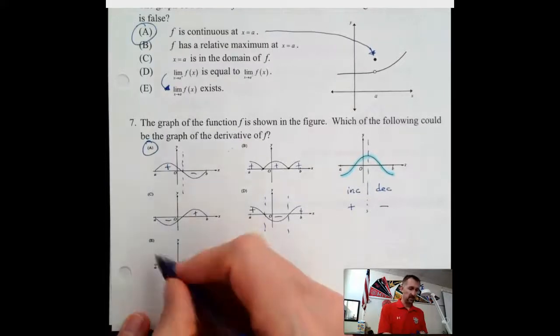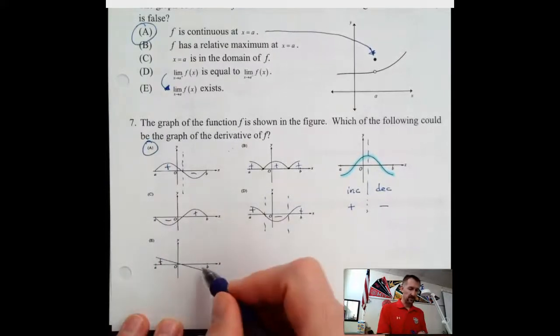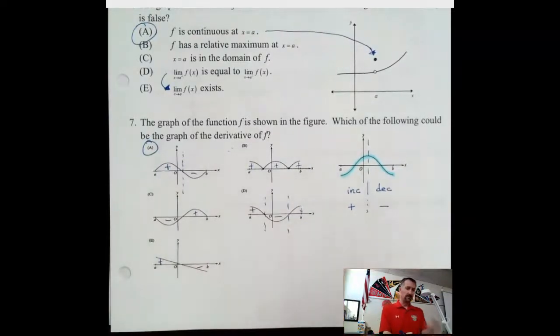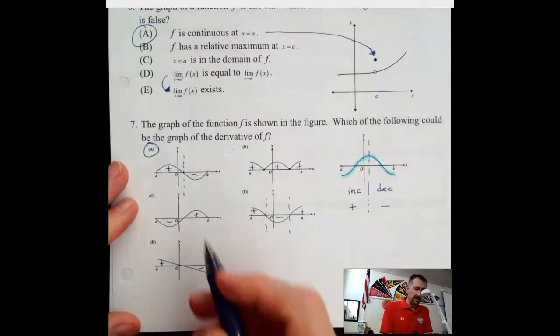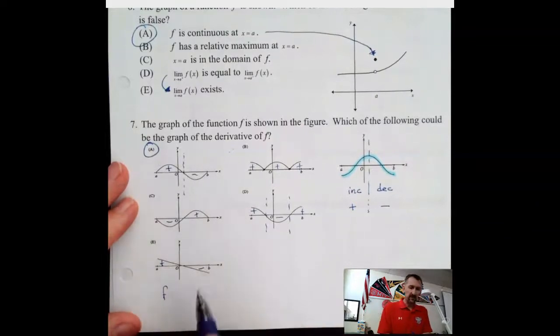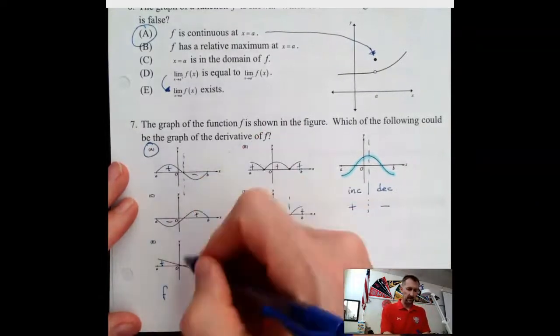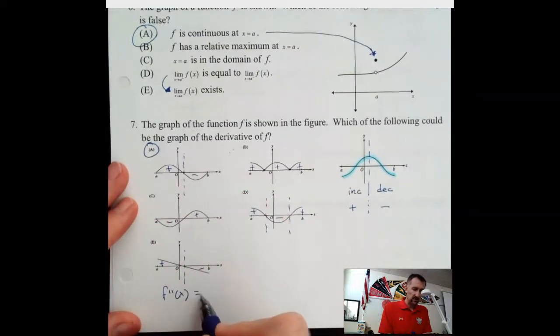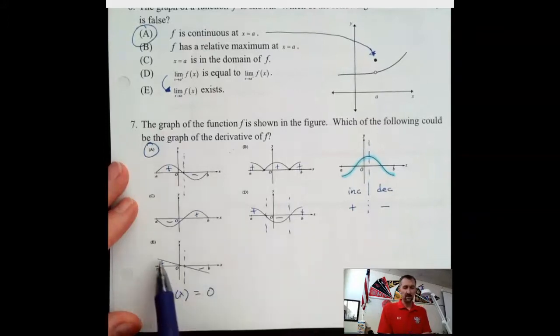And this one, this is positive, and this is negative. But okay, if that's the derivative, for a second there it might look like that might work also. But let's think about the second derivative here. The second derivative of this equals 0 because the derivative of a line is a constant. It's the slope.